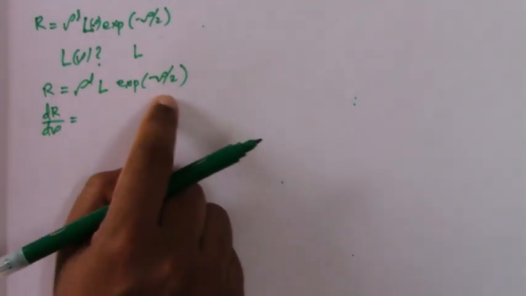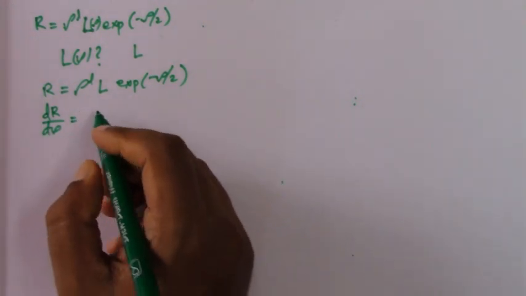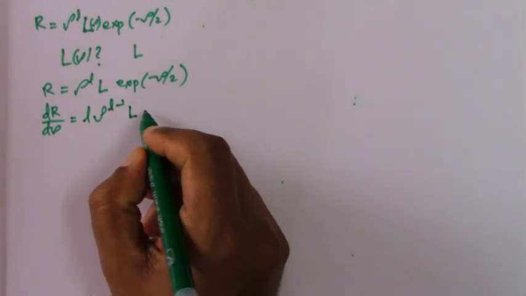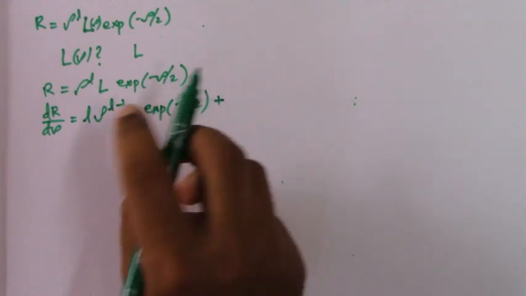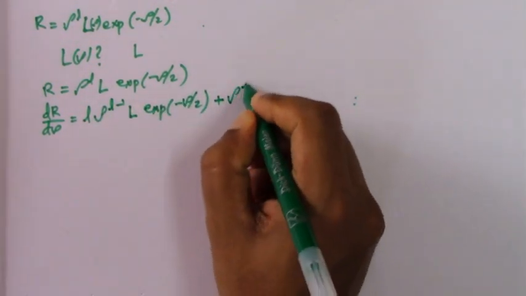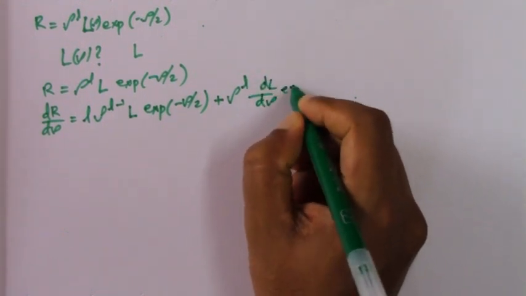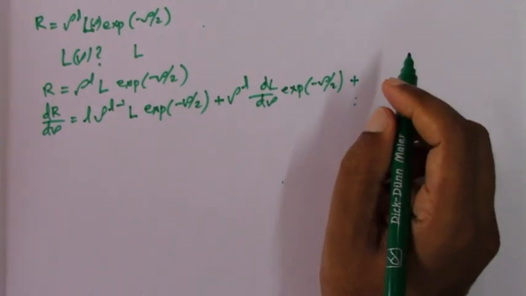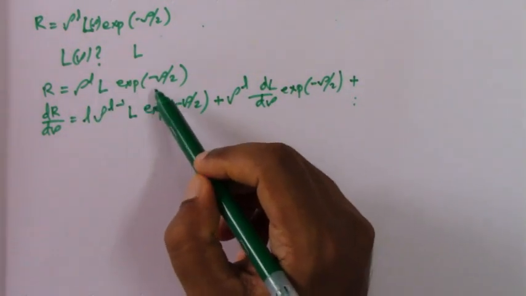So we have to differentiate in such a way that the differential of the first function, that is L rho raised to L minus 1, into the second function into the third function exponential minus rho by 2, plus the first function, rho raised to L, into the differential of the second, that is dL by d rho, into exponential minus rho by 2, plus the first function into the second function into the differential of the third.